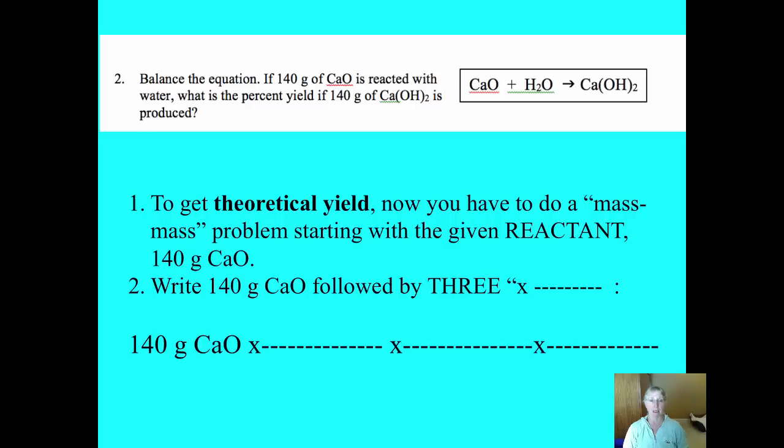Remember, mass problems, you write what you know. In this case, reactant, calcium oxide, I was given 140 grams. I have to turn that into grams of calcium hydroxide. So if I have to turn it into grams of calcium hydroxide and I was given grams of calcium oxide, draw 3 times bars, our conversion factors.